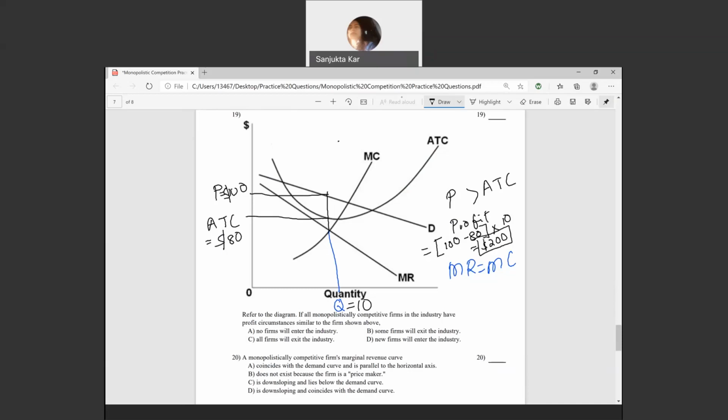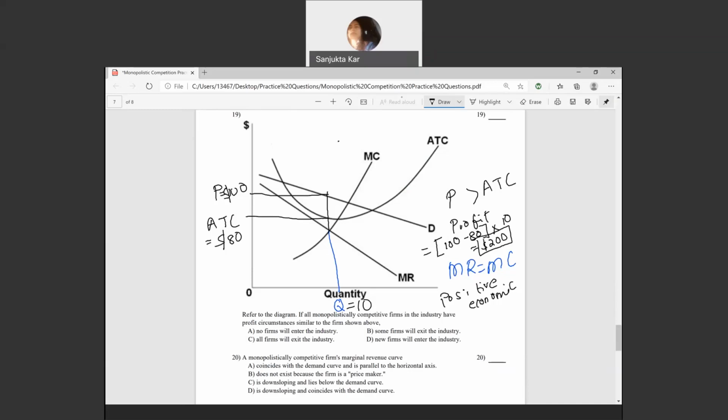What happens if we have a positive profit? This is definitely not the long run, because in the long run we always have zero economic profit.